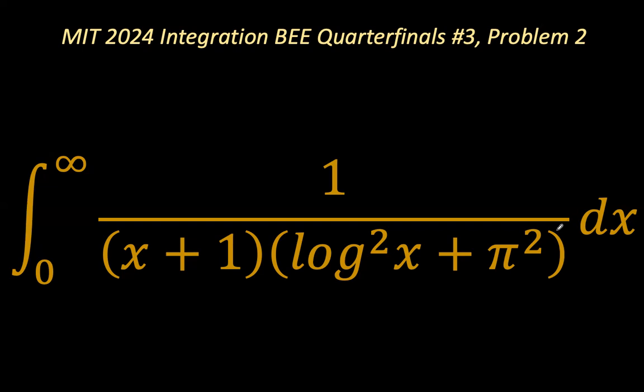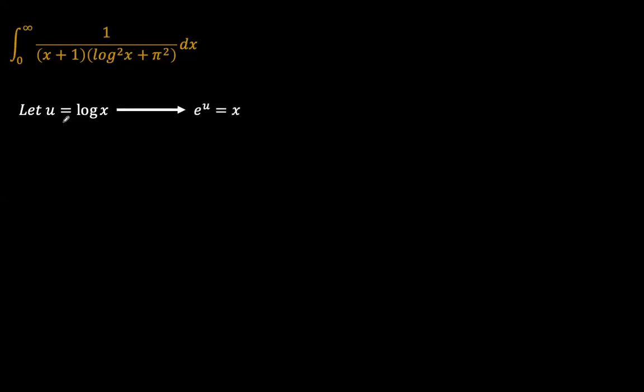Now going on to the solution to this problem, the first thing I would like to do is substitute for the most complicated expression, and that is log x. I'll say let u be equal to log x, such that e to the power u equals x. And so e to the power u du/dx is equal to 1, and therefore you could substitute for dx with e to the power u du.